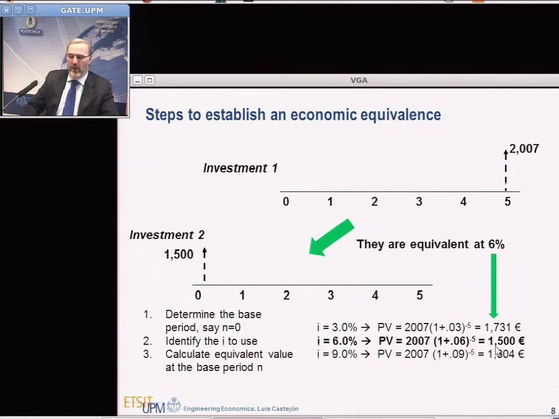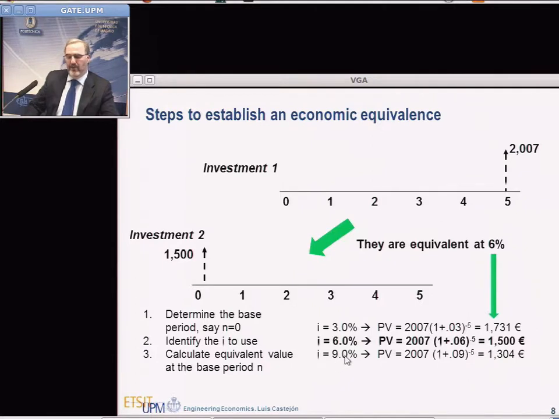What happened is the present value of the investment 1 at 6% is 1,500, the same value as investment 2. We have to decide if investment 1 and investment 2 are economically equivalent. So as we see, investment 1 is equivalent to investment 2 at an interest rate of 6% because the present value of investment 1 at the 6% rate is the same as investment 2, which is 1,500 euros.